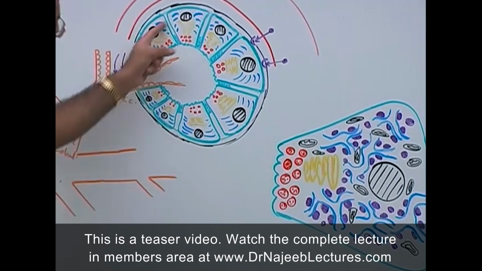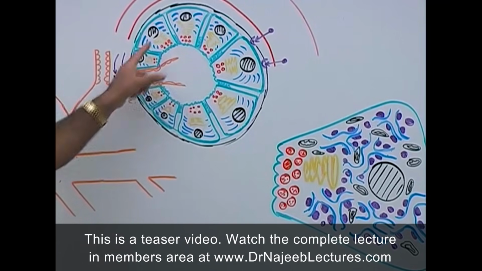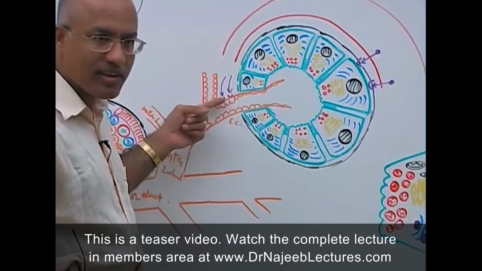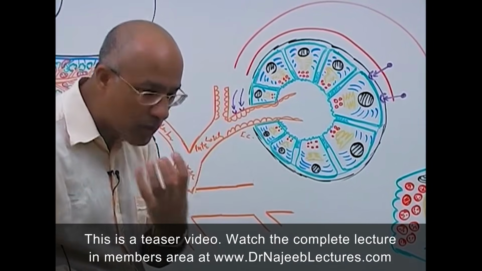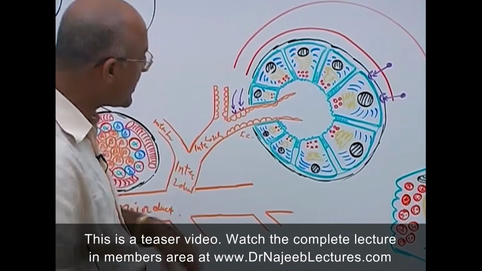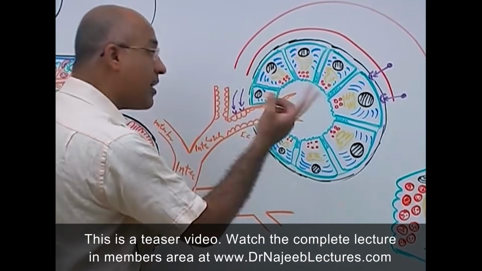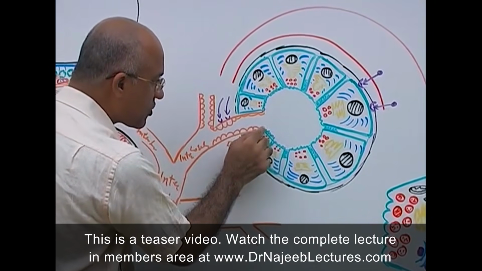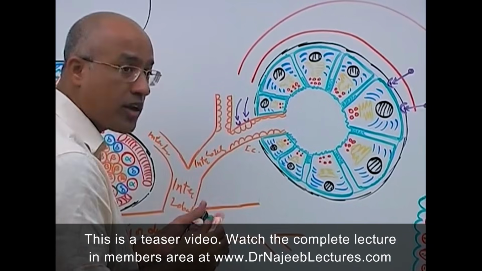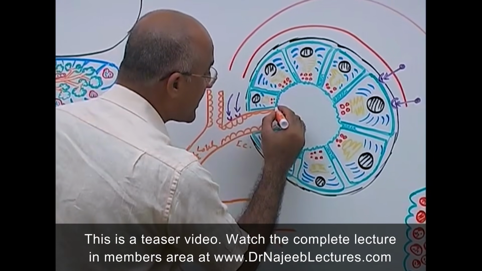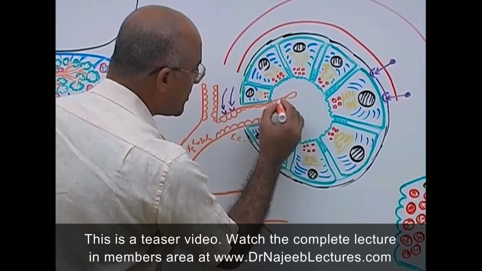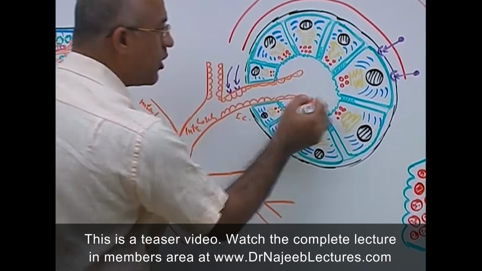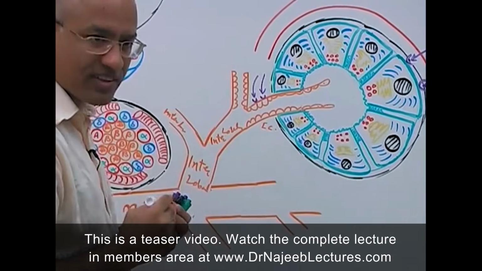Now this acinus is like a balloon, and this intercalated duct is like a straw you put into a balloon from where you can drink. Is that right? In the same way, in other glands, these ducts should start here, but the very unusual and unique feature in the pancreatic exocrine portion is that these intercalated duct cells extend inside the lumen of the acinus, right?